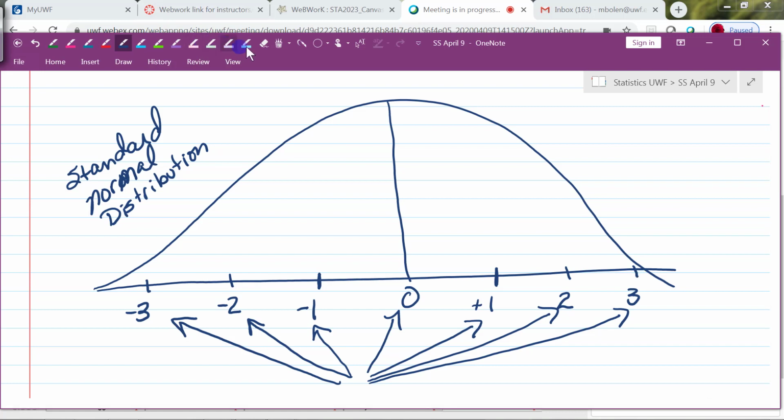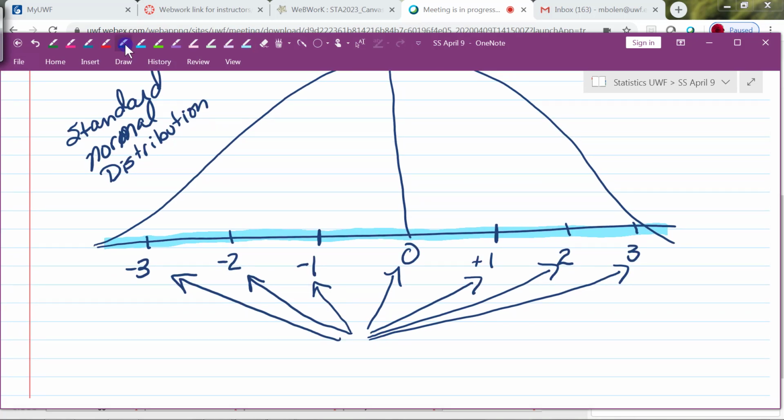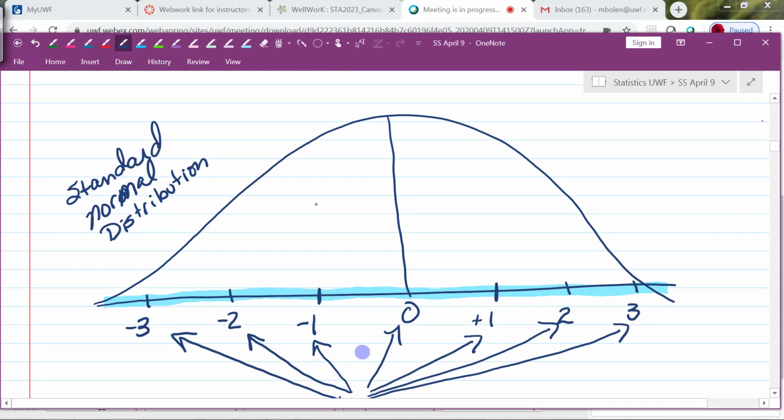It has to be along the bottom axis here. Any number that's on that axis is a z score or z value. Those are your z scores, z values. And in here, this is the area again, or probability.